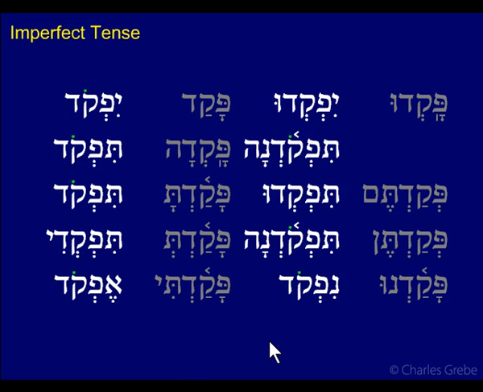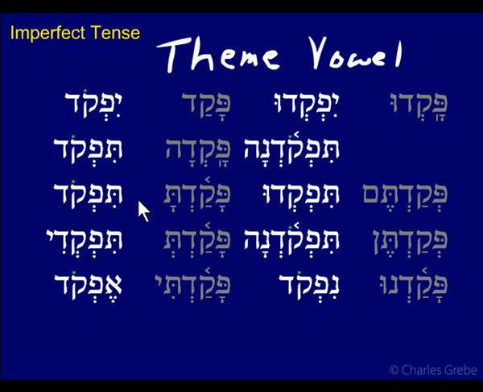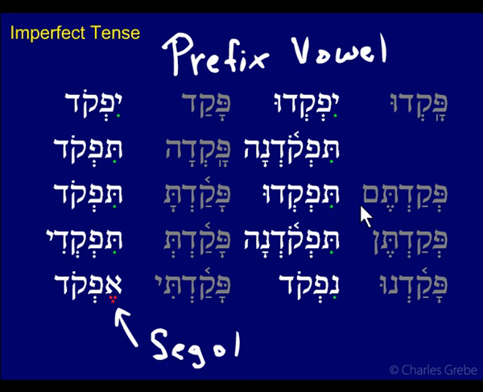The other one is this vowel here, the second vowel, and that is called the theme vowel. And that will become important as well. Theme vowel. Okay, so the theme vowel is holem. Maybe what I should have done here is said the hiriq. Normally it's hiriq, okay?